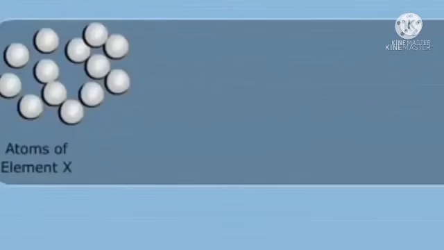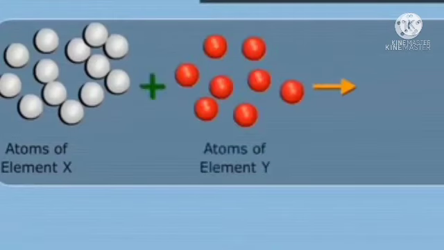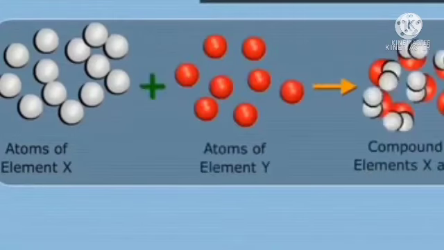In a chemical reaction, an atom is the smallest particle of an element, accounting for its mass. According to the law of conservation of mass, mass can neither be created nor destroyed.